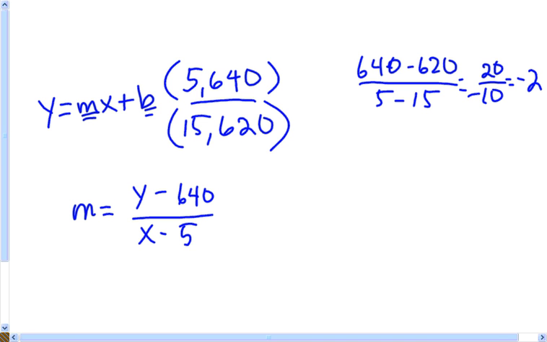Then if I rearrange this formula, m is equal to y minus 640 divided by x minus 5. If that's true, then in this fact family, we can also say that m, the slope, times x minus 5 is equal to y minus 640.